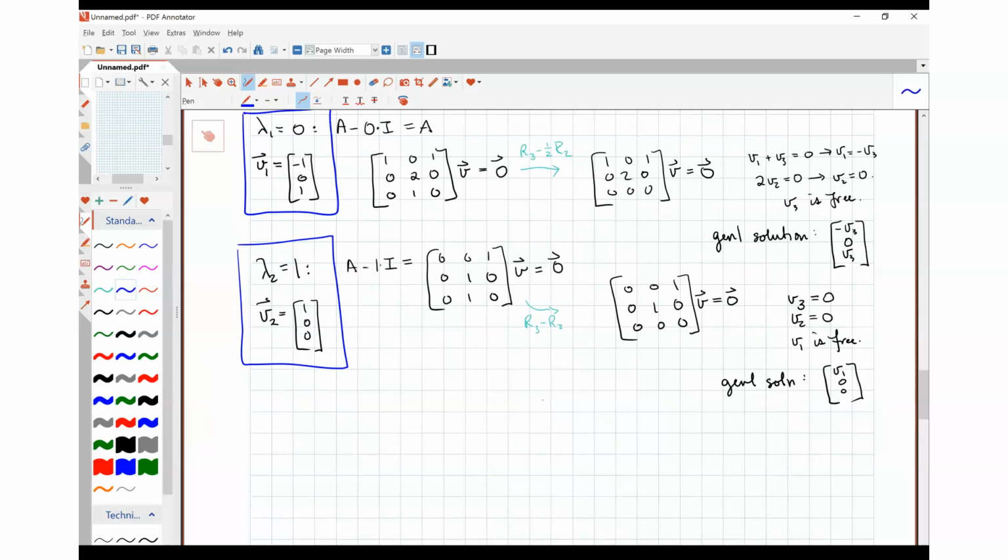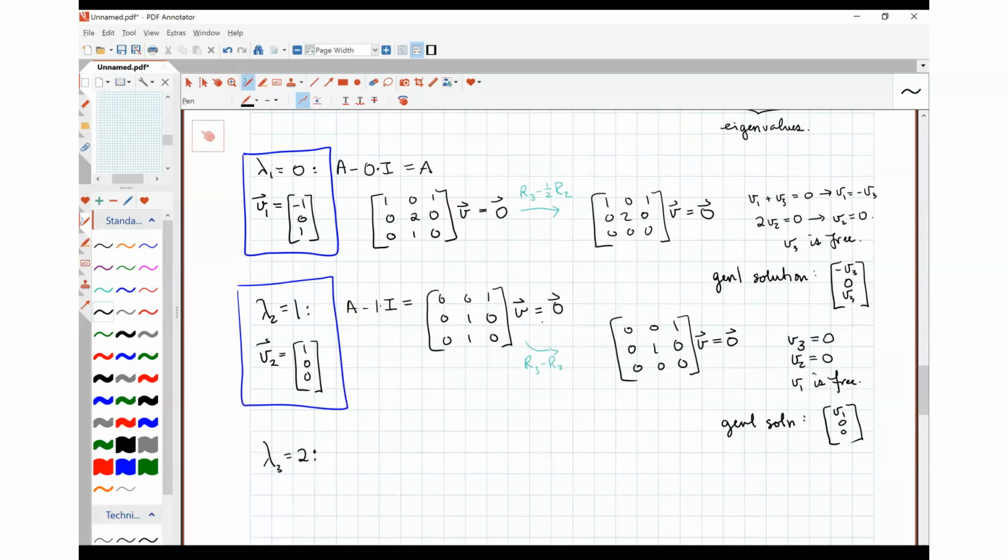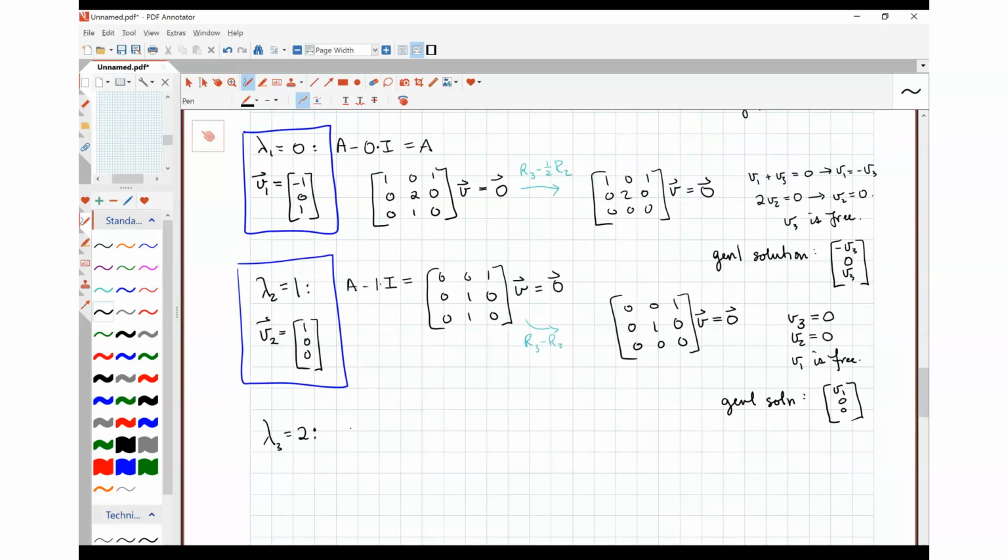And then we just have one more. Lambda 3 is equal to 2. And if we compute A minus lambda I, so that's A minus 2I.